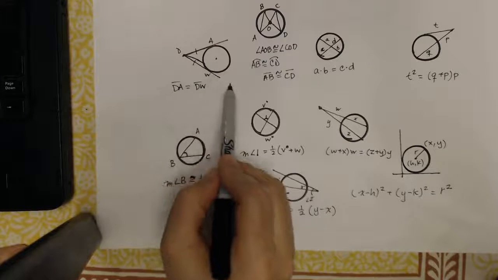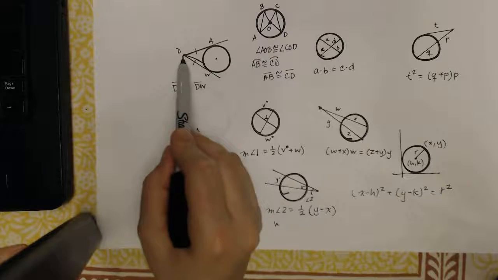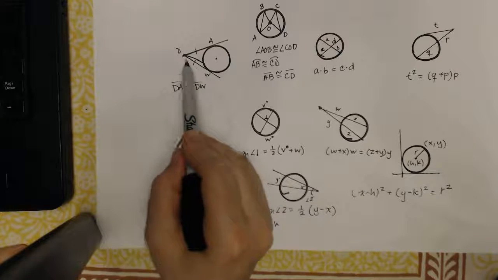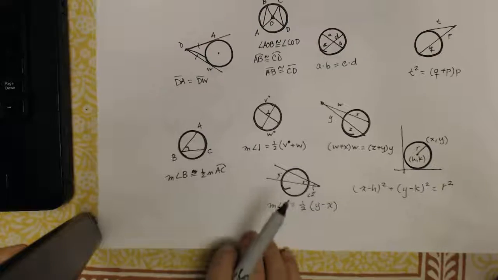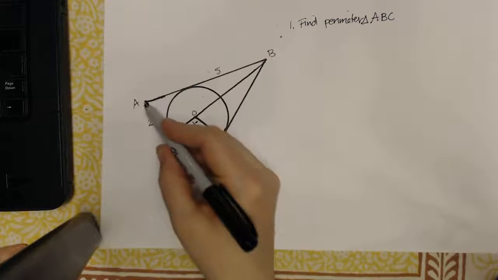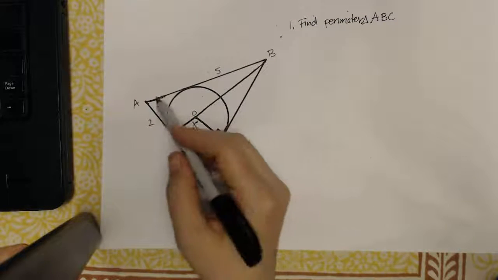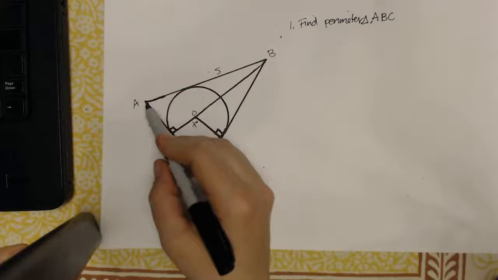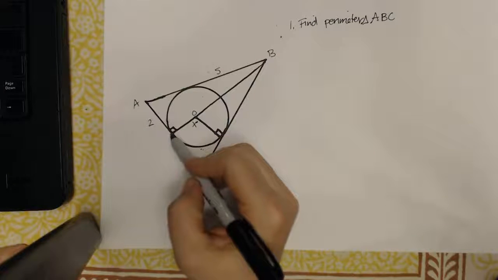If we think about those edges going in and making a triangle, we can see that these two legs of that triangle make two tangents to the circle. So we can see that lines AC and AB both produce tangents to that circle.